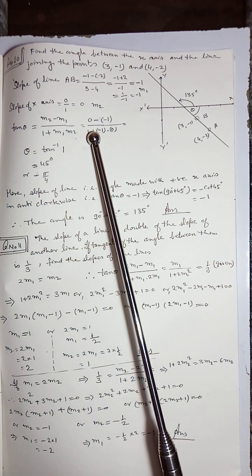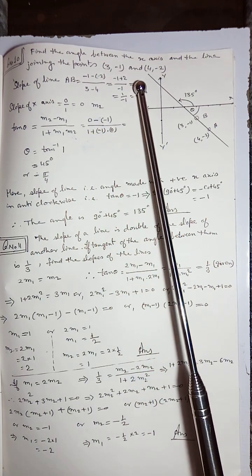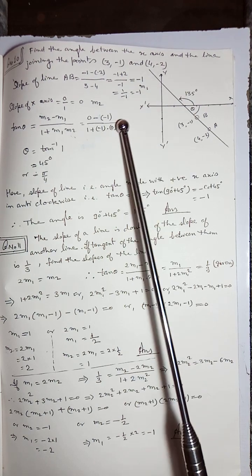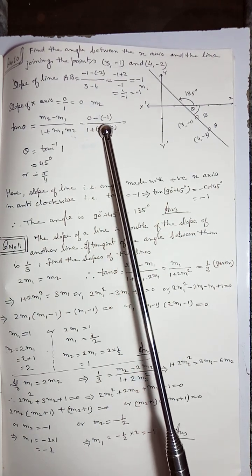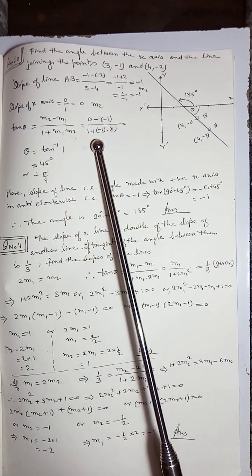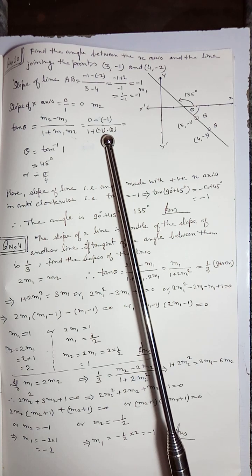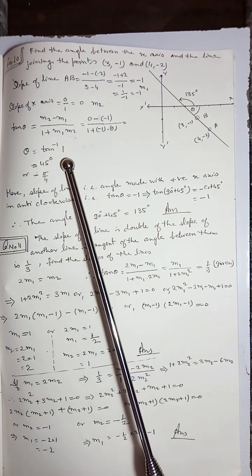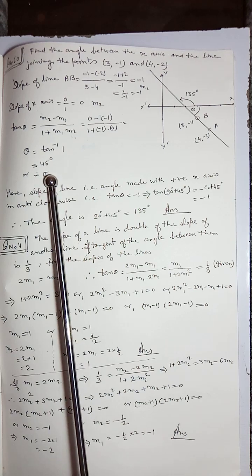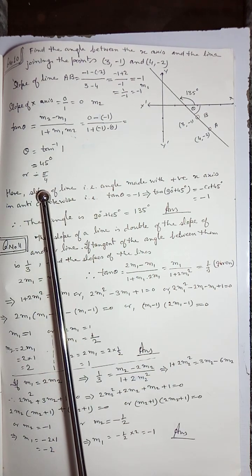So 0 minus -1, see, m1 is -1 and m2 is 0, so 0 minus -1 upon 1 plus -1 into 0. So theta will be equal to tangent inverse 1, and it will be equal to 45 degrees or pi by 4.